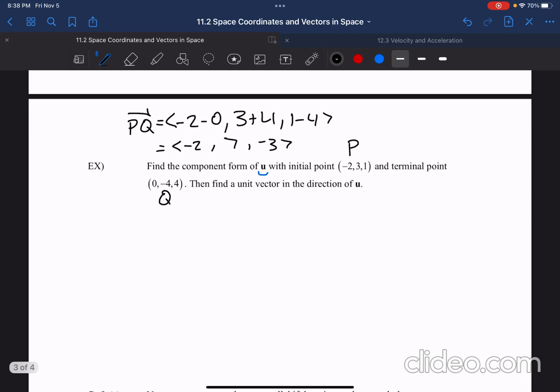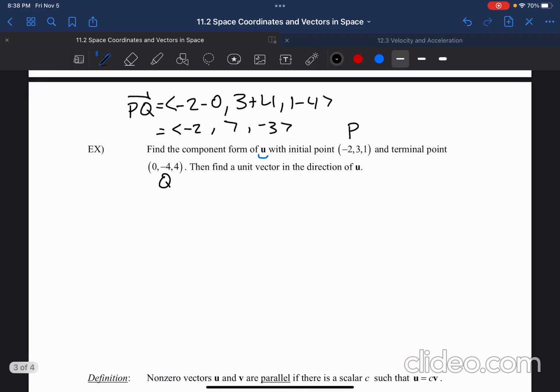Okay, and if you were to do this in the opposite direction, so if you were to make this P and this Q, you'd have the exact same answer, but the signs for each of these three values would just be switched. So it would be +2, -7, and +3. So we have now u equals <-2, 7, -3>.